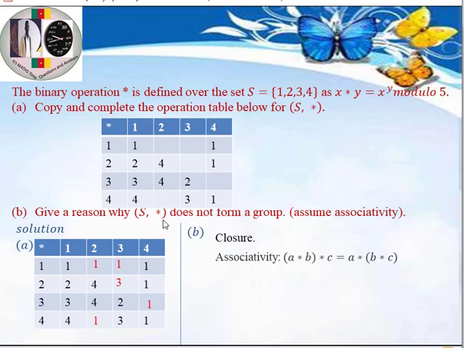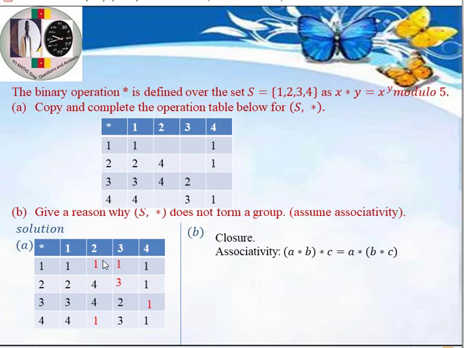The next law we are going to look at is the law of associativity. Associativity simply means if we pick any three numbers A, B or C, then we perform the operation on the first two numbers, we take the result and we perform that operation on the last number. That result should be the same as A star B star C. So for instance, if we pick any three numbers 1, 2, 3, and we perform our operation on the first two numbers 1 and 2, 1 star 2 is 1, the result is 1.